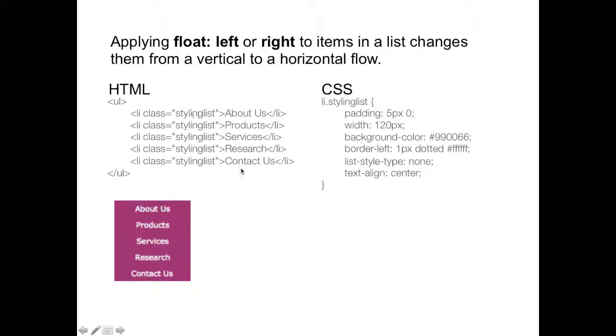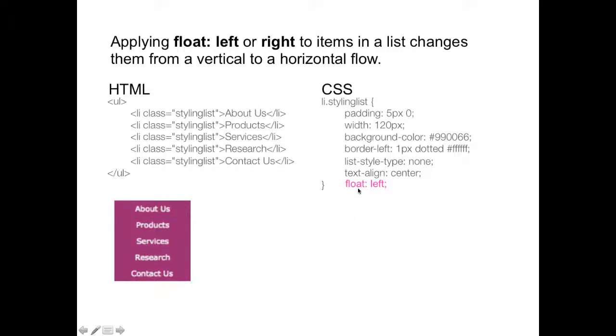And if we style this navigation in CSS with this much padding, we make each LI this wide, we give it this dark purplish color with a border, removing the bullet point and aligning in the center, we get this result.